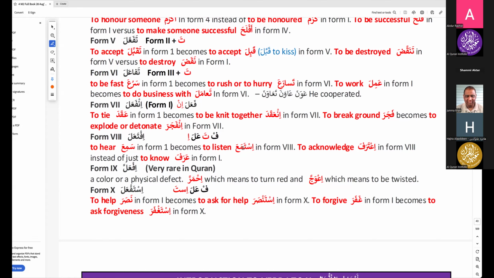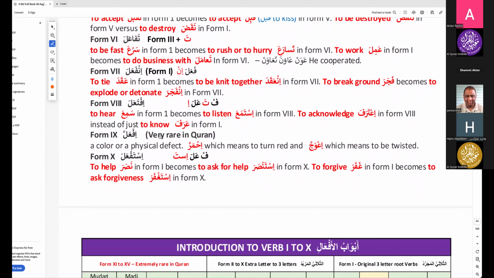Sami'a is to hear, istama'a to listen. To acknowledge is i'tarafa. Its original word is arafa, to know, and i'tarafa.